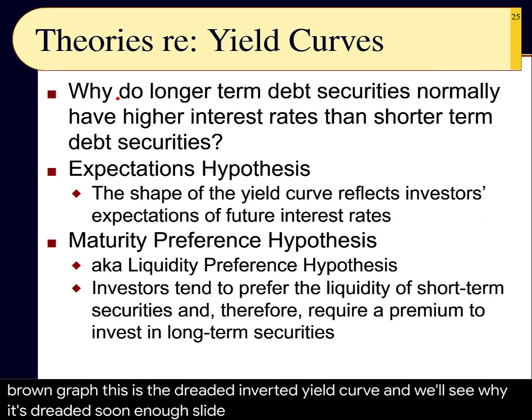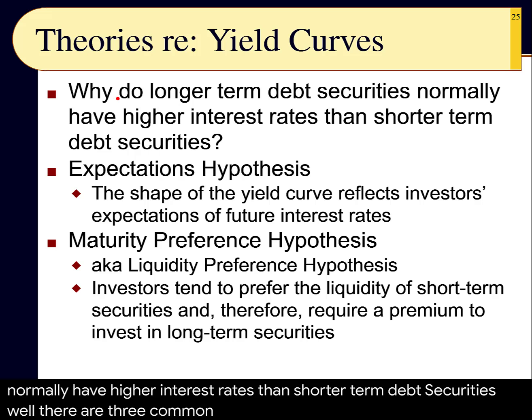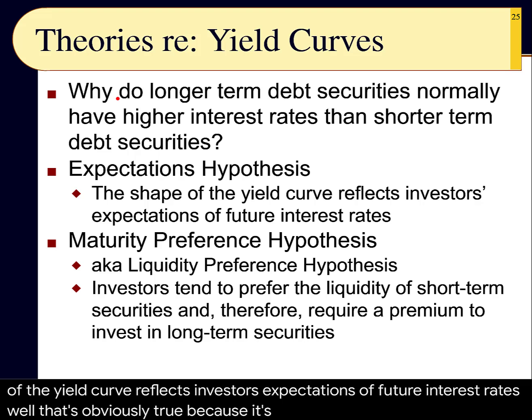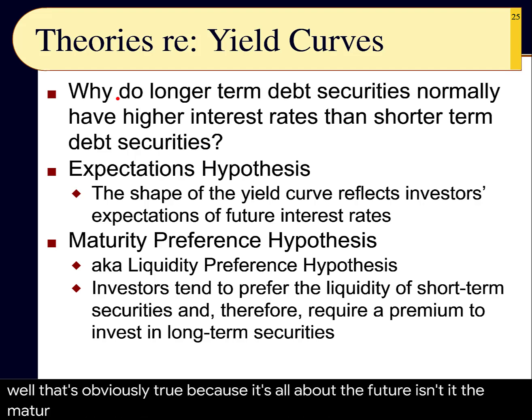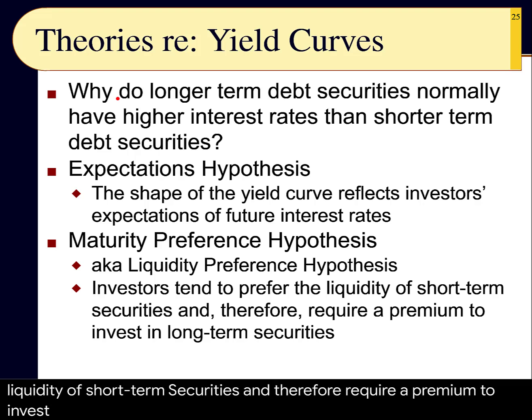Slide 25. Why do longer-term debt securities normally have higher interest rates than shorter-term debt securities? Well, there are three common reasons that are hypothesized. The shape of the yield curve reflects investors' expectations of future interest rates. Well, that's obviously true because it's all about the future, isn't it? The maturity preference hypothesis, because investors tend to prefer the liquidity of short-term securities and therefore require a premium to invest in long-term securities.